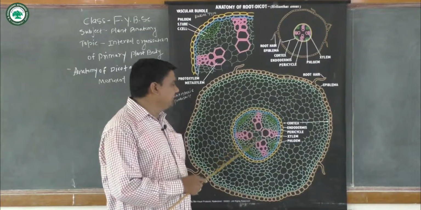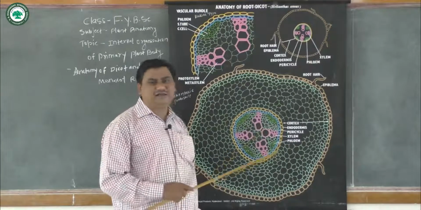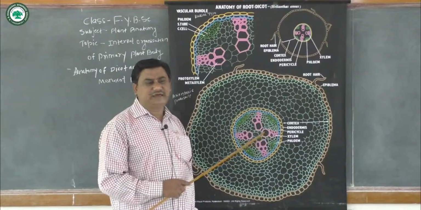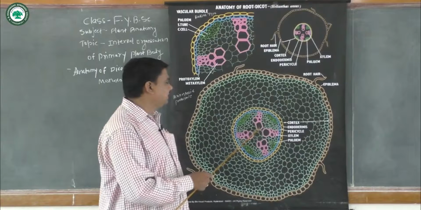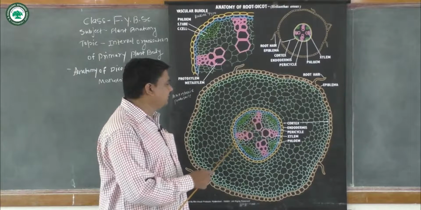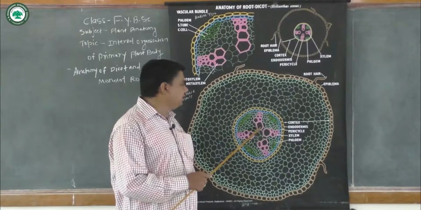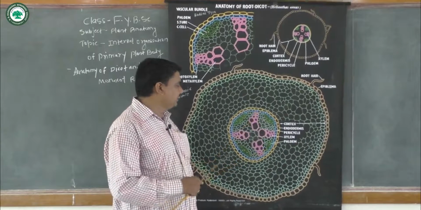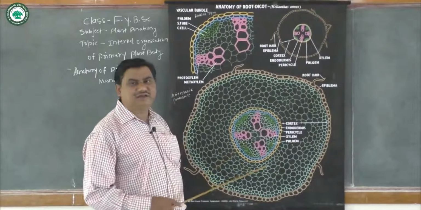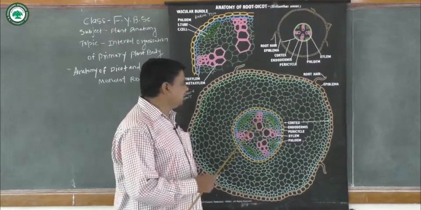The xylem is exarch type, because the metaxylem is toward the center and the protoxylem toward the periphery. So the condition of the xylem is what we call exarch type.